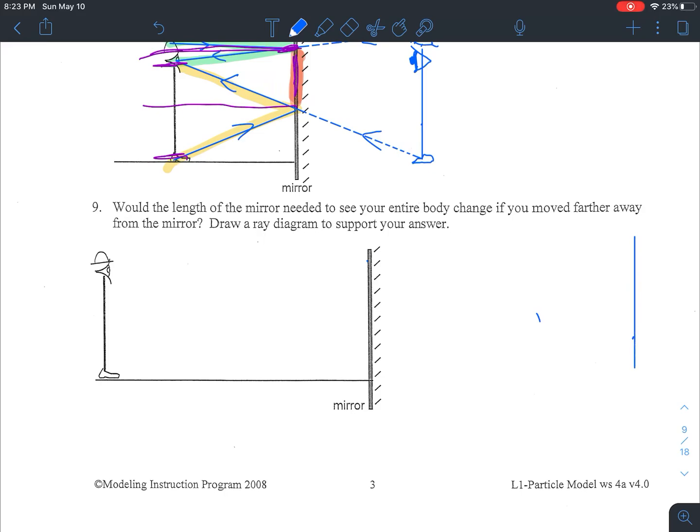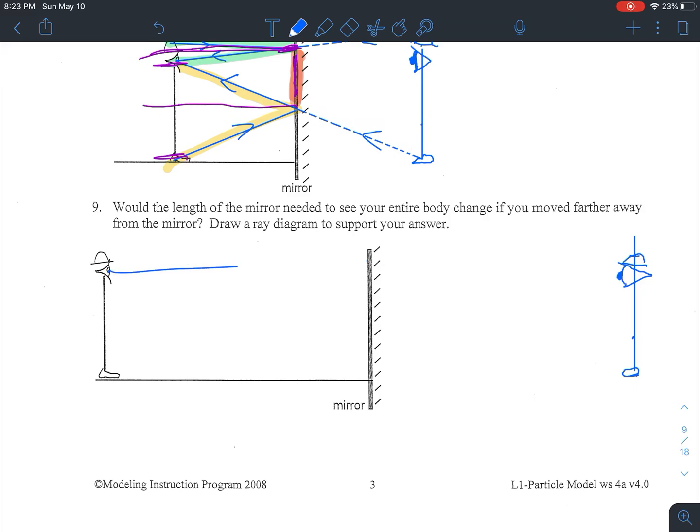So he's about here. Here. So this is like the top of his hat. His eyeball. His foot. Get rid of that random one.